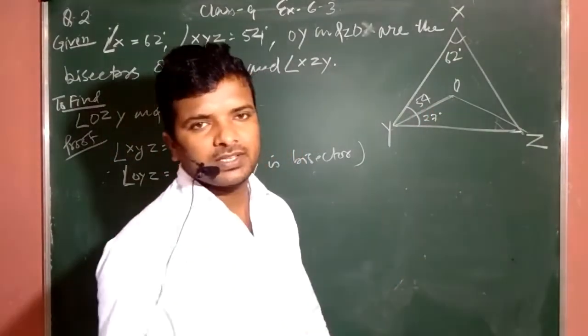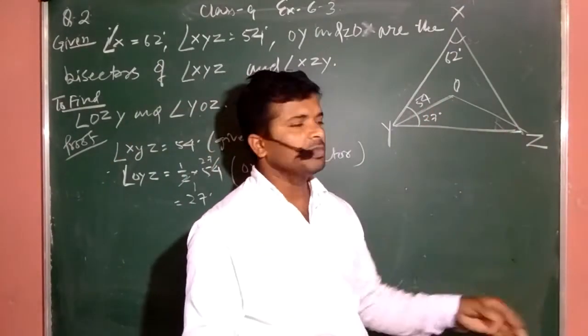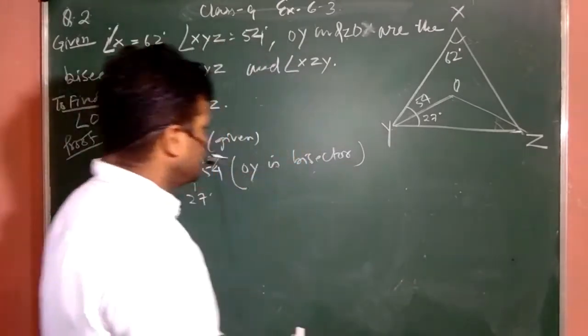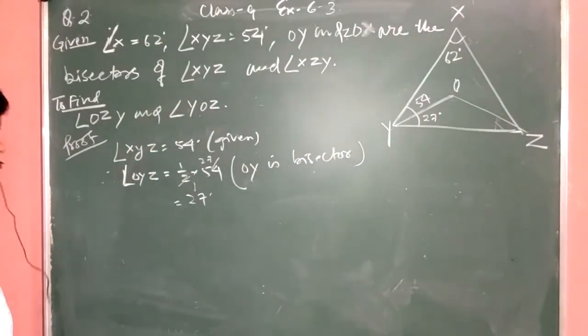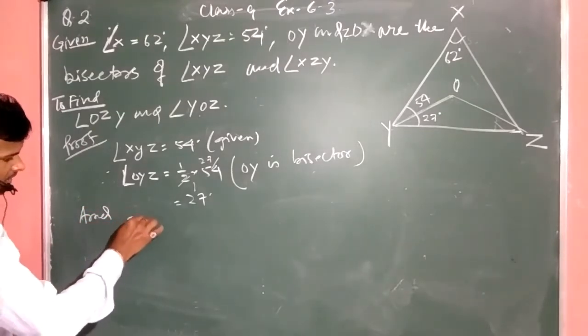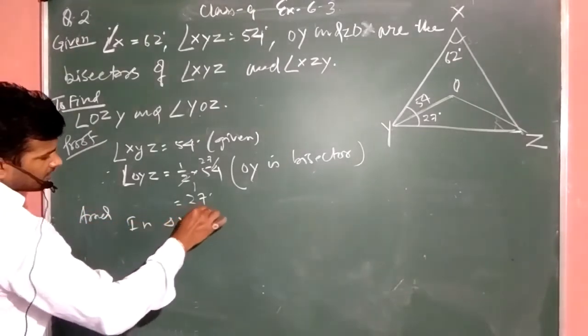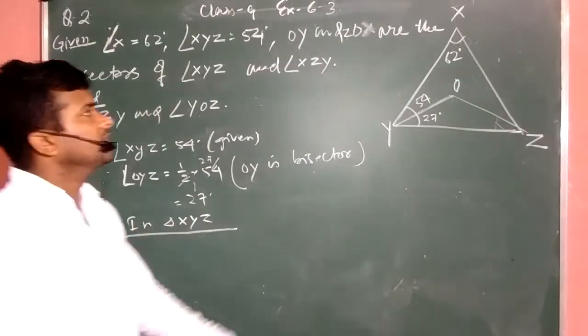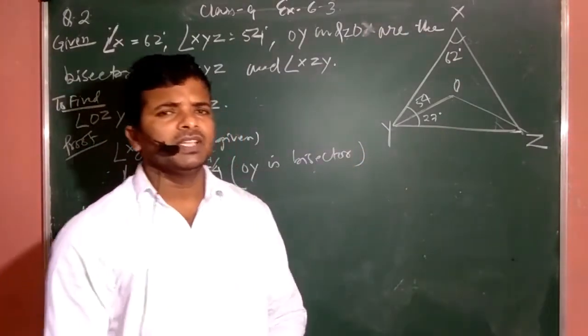But the question is not to find this angle. The question is to find these two. But without this, we cannot go forward. Now in triangle XYZ, we'll find Z, how much.